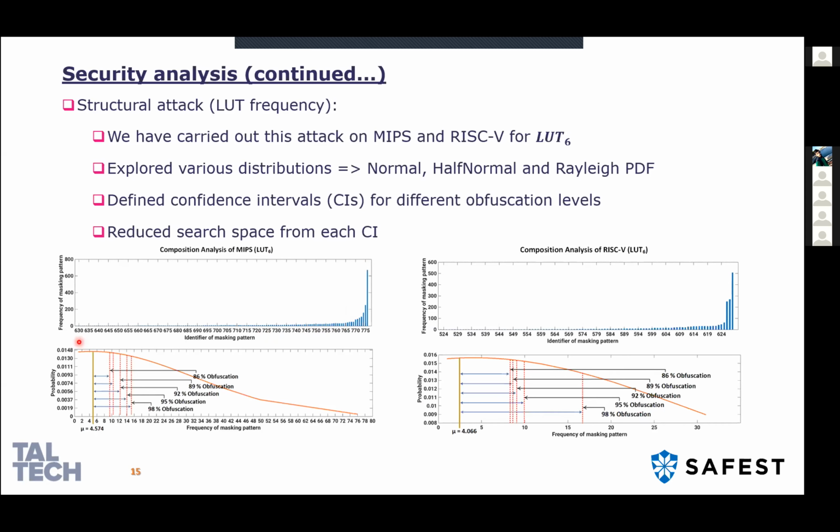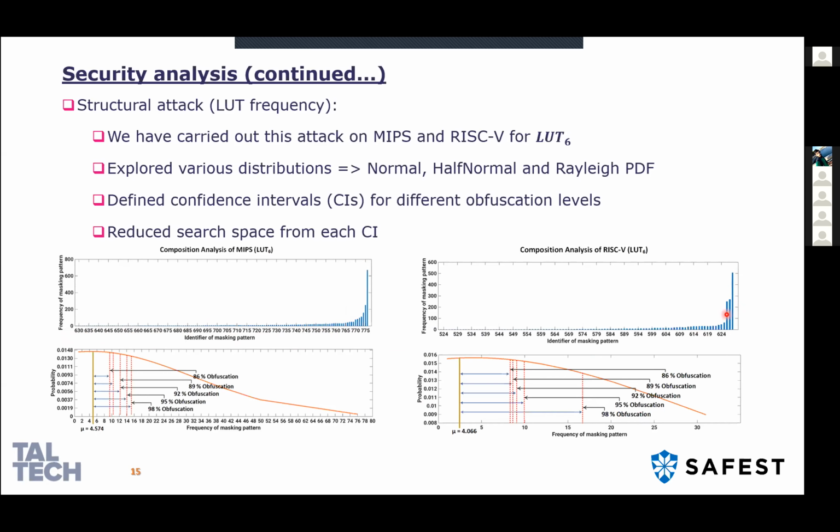We can analyze that there are some unique masking patterns, but most of them are repeated many times. On the other hand, we can observe the same behavior for RISC-V, and it also has an interesting value, more than 500.